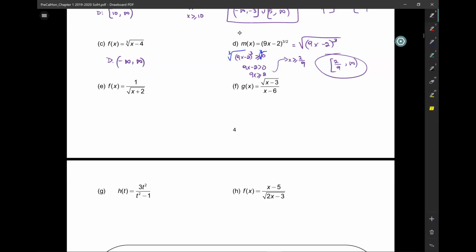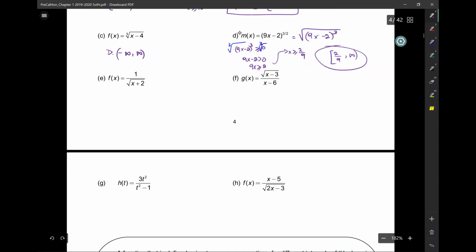So, because the radical is in the denominator, it also can't be 0. So it's not greater than or equal to, so it's just x plus 2 is just greater than 0. Okay? Can't be 0 in the denominator. So it's just x is greater than negative 2.